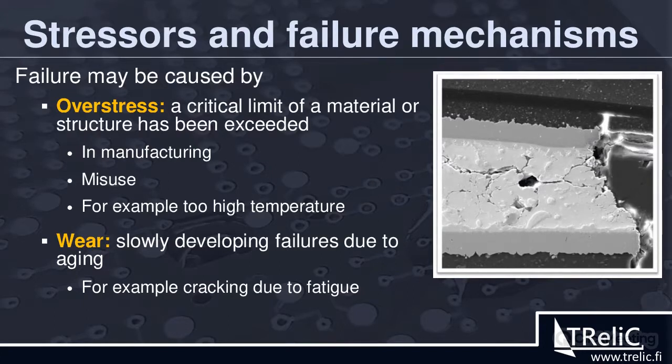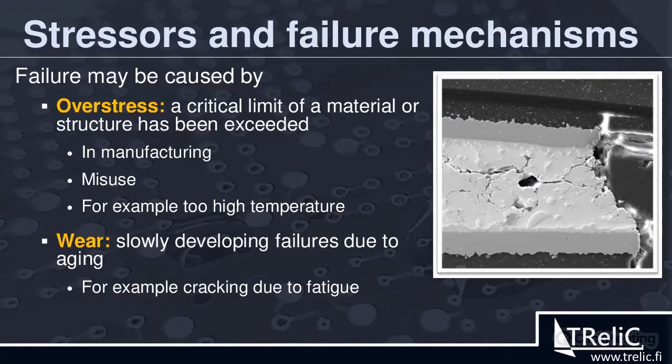It can be anything else too. It could be, for example, in electrical systems that we have a very high voltage value, which is over the limit there should be, which burns the component or something like that.